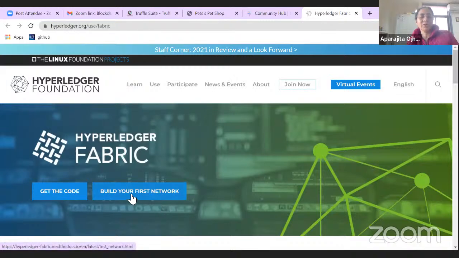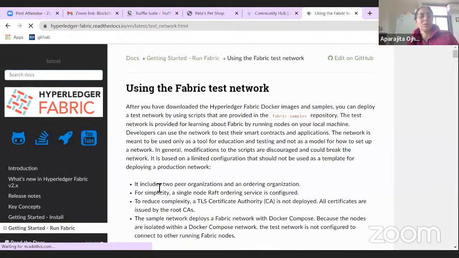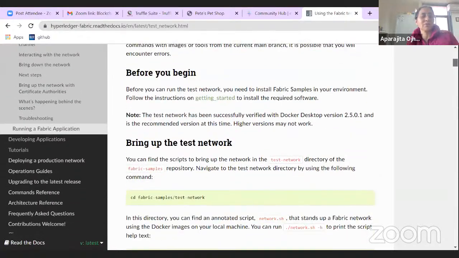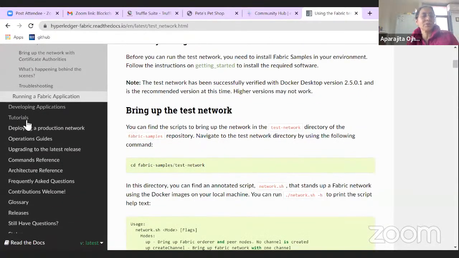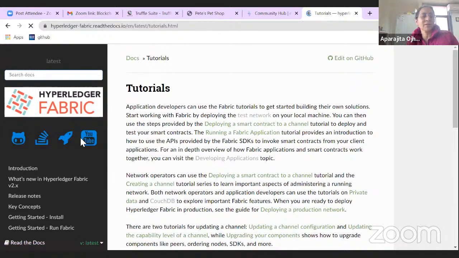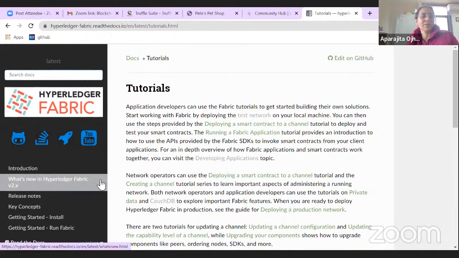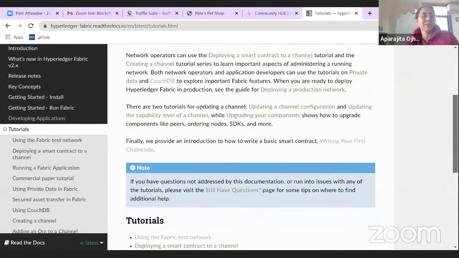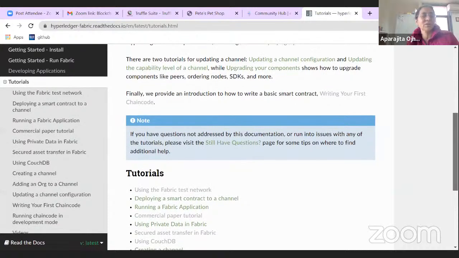When you go to build your first network, where you can see how to create a blockchain network, you will see that on the left there is a whole list of tutorials which are available. What is new, getting started, install, all this we will be covering in the lab session, don't worry.